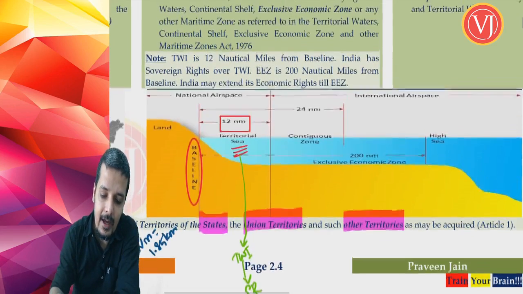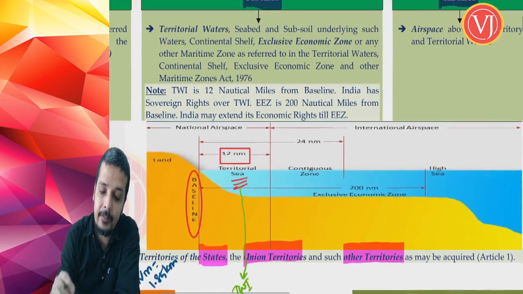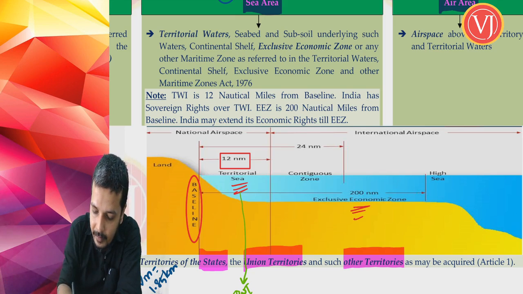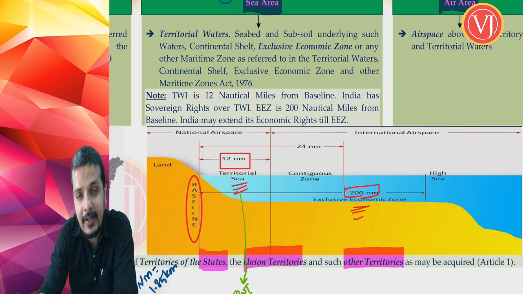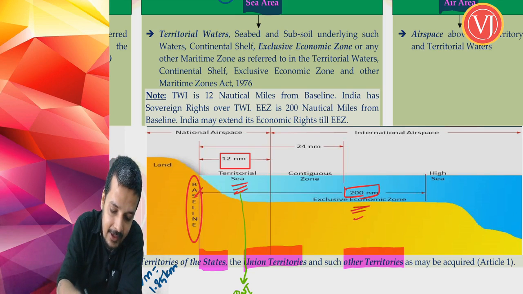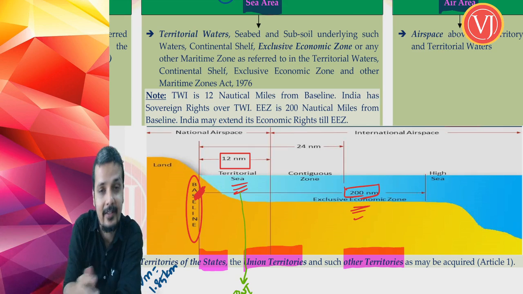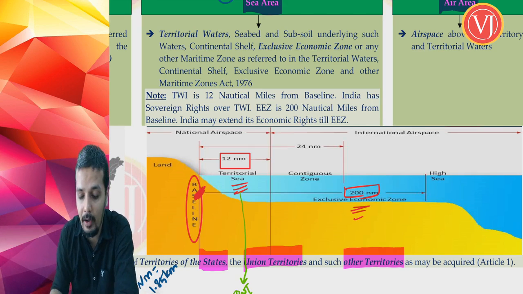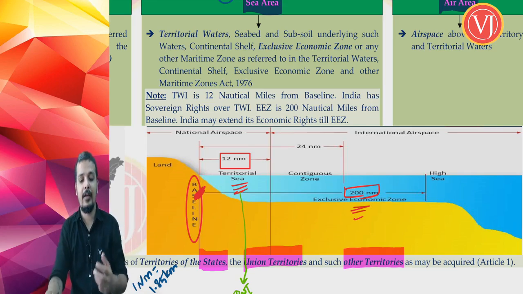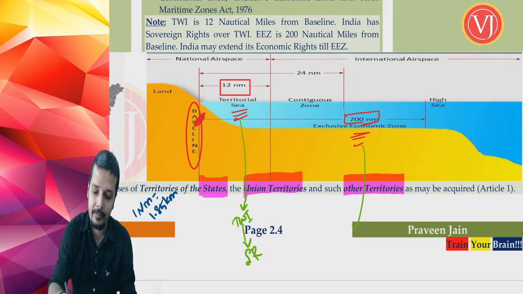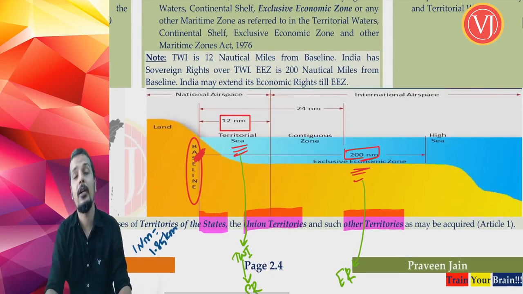Now, India actually extends till the exclusive economic zone, which is 200 nautical miles. Again, the starting point is always the baseline. So when you talk about even 200 nautical miles, it starts from the baseline, the exclusive economic zone. In the exclusive economic zone, India has got economic rights till 200 nautical miles.